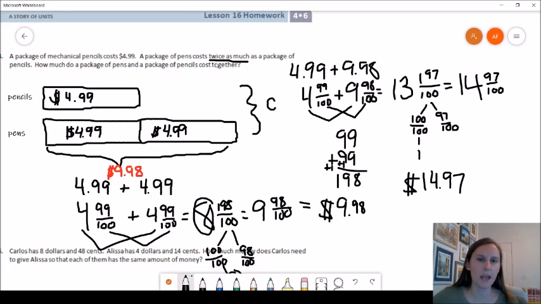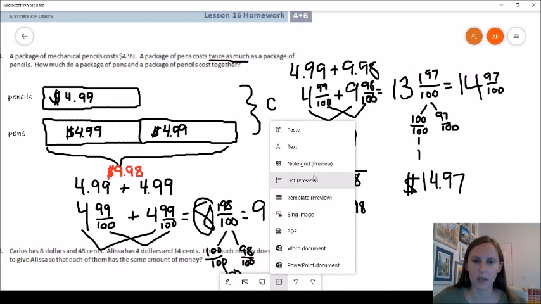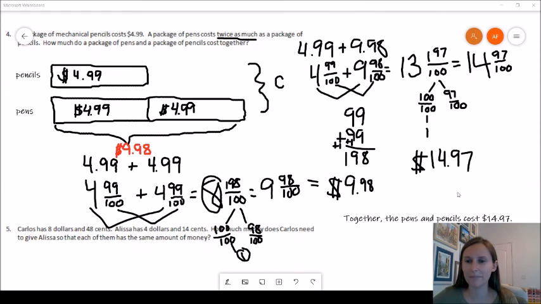So I drew my tape diagram and showed all of my thinking and all of my work, and now I am going to write my answer. I wrote my answer here as a sentence. Together, the pens and pencils cost $14.97, 14 97 hundredths of a dollar. And I included that dollar sign to the left there.